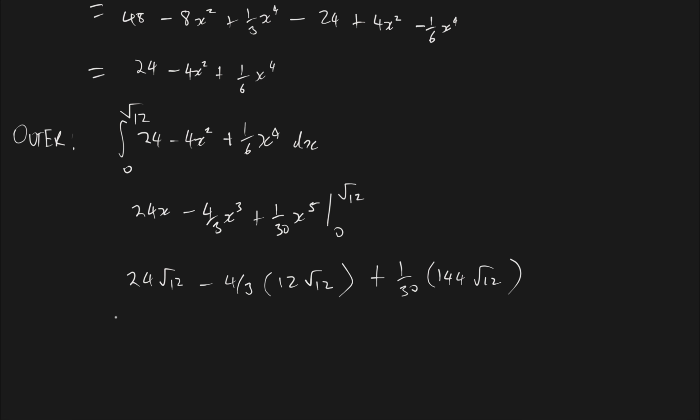So let's go ahead and get this simplified. 24 root 12 minus 16 root 12 plus 144 over 30. Just gonna get my calculator out. You probably don't need a calculator, but I'm feeling lazy.